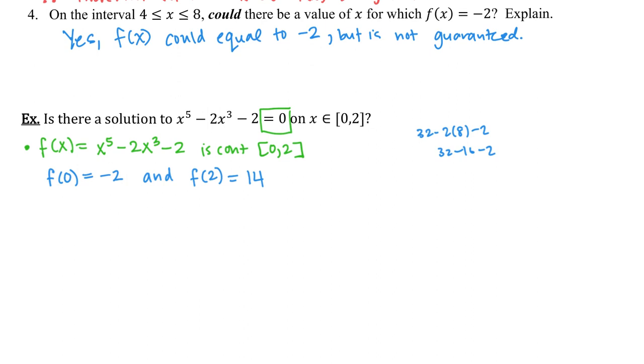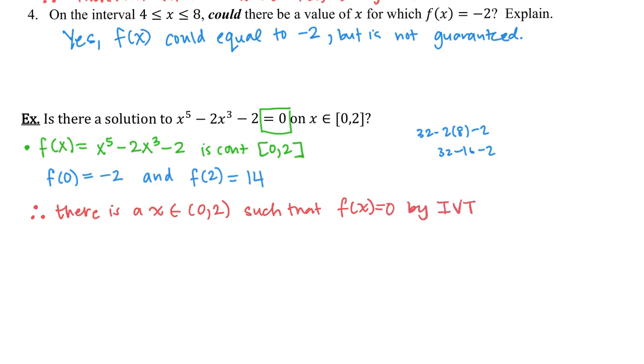Because it's continuous, I will need to pass through 0 in order to get there. So by the intermediate value theorem, I can conclude there is an x between 0 and 2 such that f of x equals 0, because I met the condition that it was continuous and that the y value I was seeking was between the two endpoints.